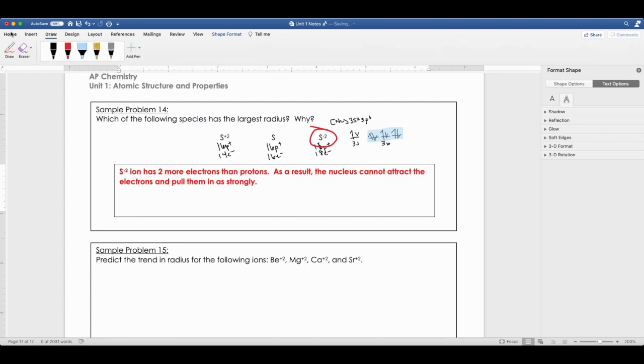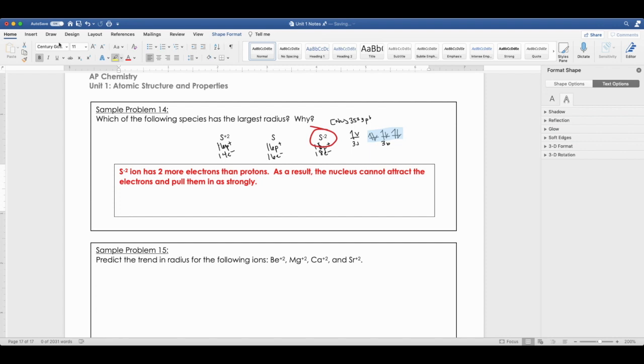So we can also put that as an answer for this one right here. Either answer is fine, but I like to just kind of throw this in there because it's another contributing factor. Additionally, added electrons cause more electron repulsions within the electron clouds, leading to a larger radius.